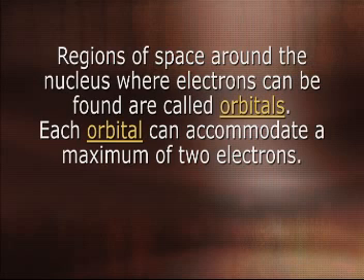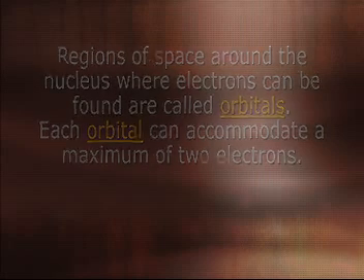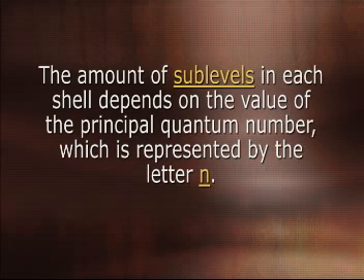Each orbital can accommodate a maximum of 2 electrons. The amount of sublevels in each shell depends on the value of the principal quantum number, represented by the letter N. Were these your answers? If so, great job!